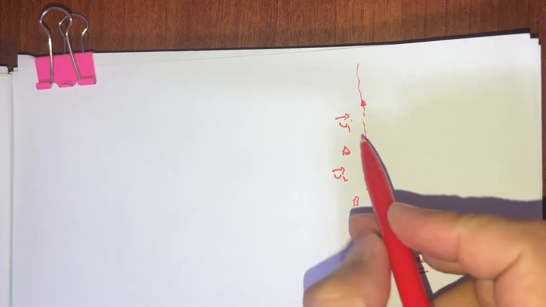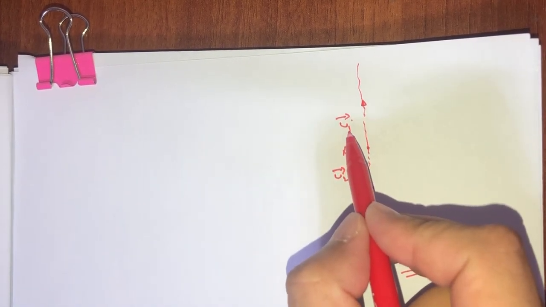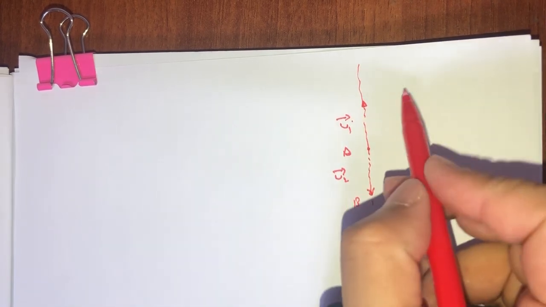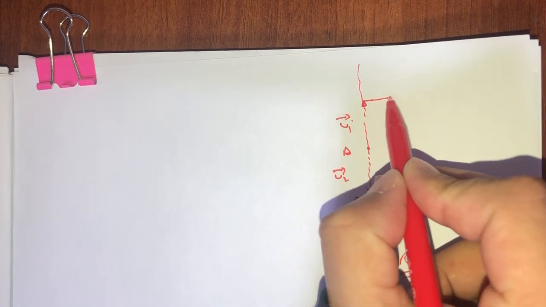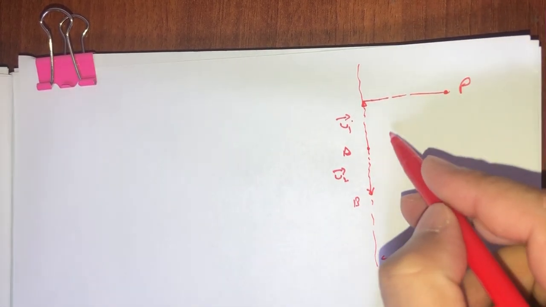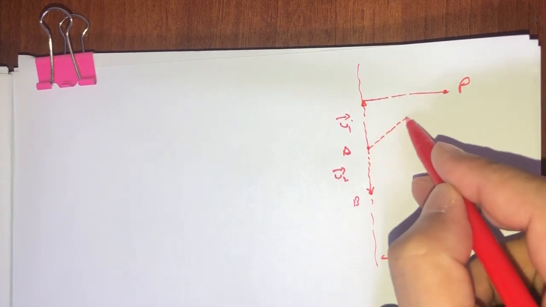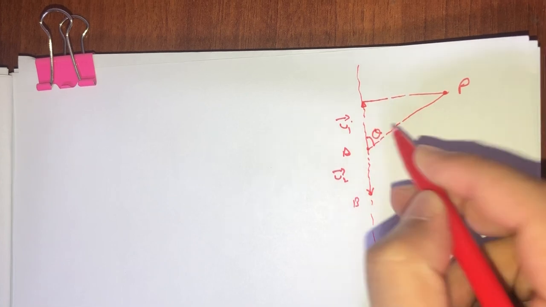We can say the vehicle which starts from point A with the velocity v1 observes that the plane is at 90 degrees with the road. So it means it is going in this direction. Let us call this position P, and it is being observed from this point at an angle of theta.